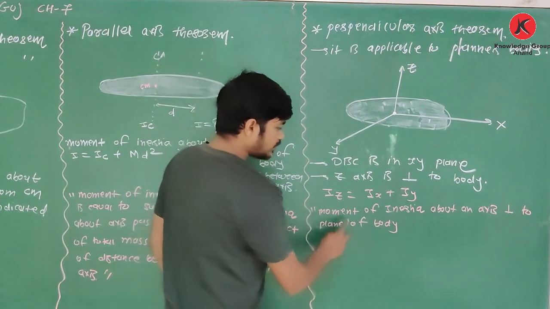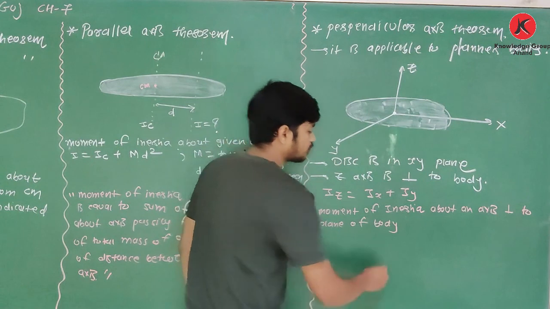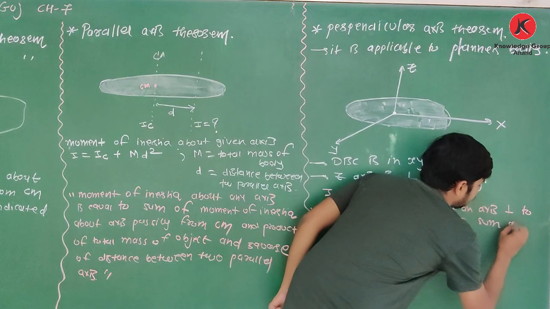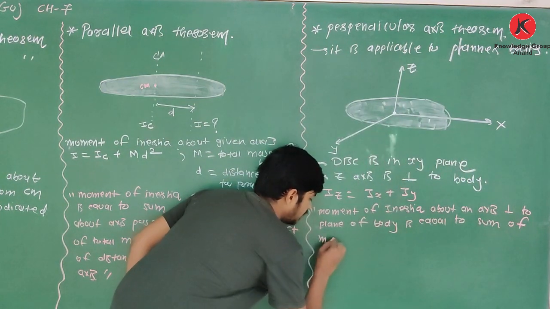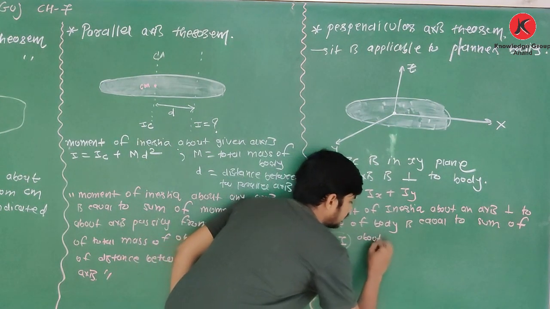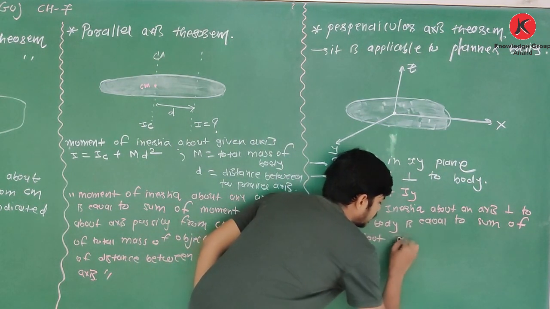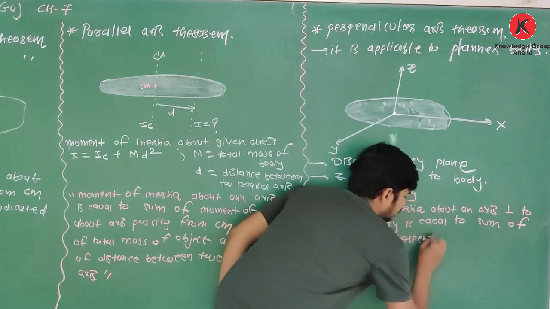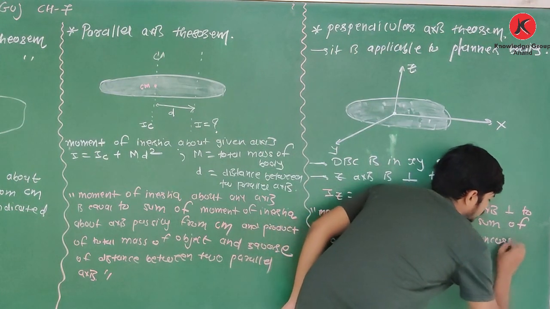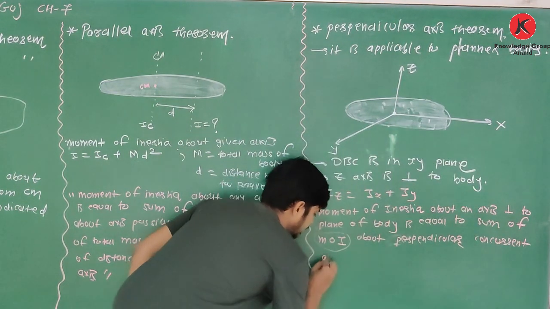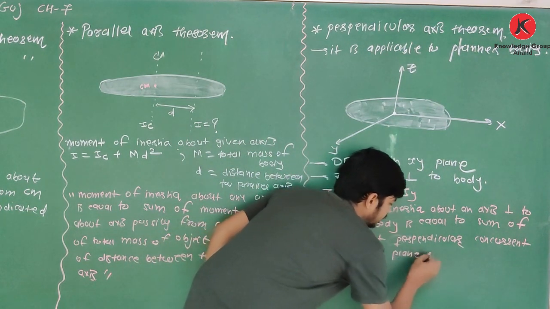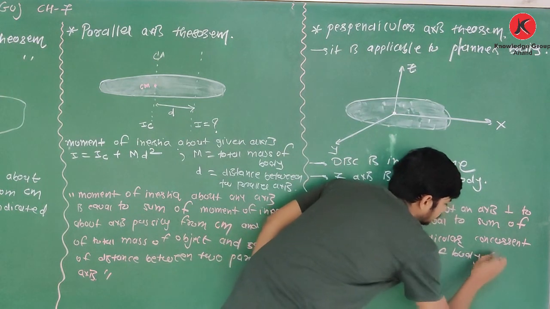So Iz, the moment of inertia about an axis perpendicular to the plane of the body, is equal to the sum of the moment of inertia about perpendicular concurrent axes in the plane of the body. So what is the meaning of this?